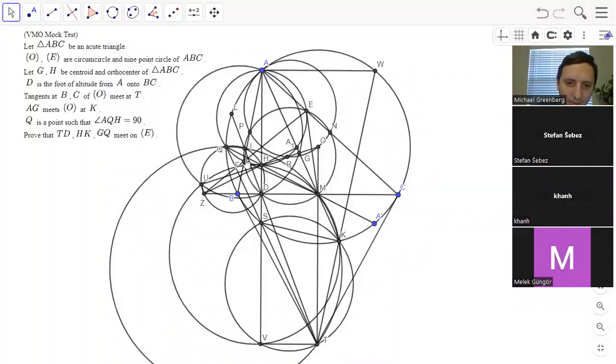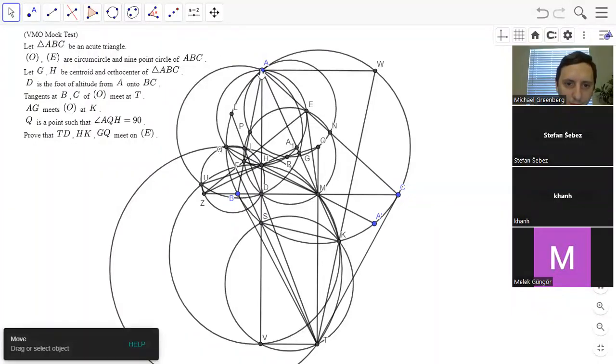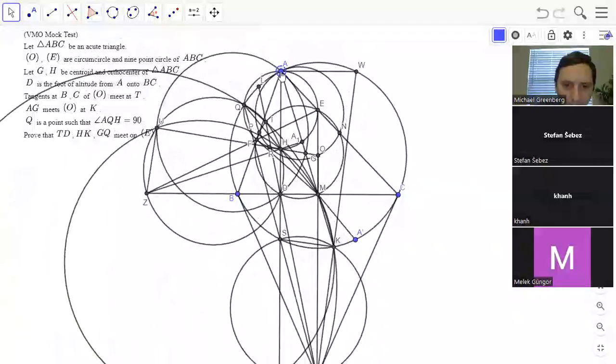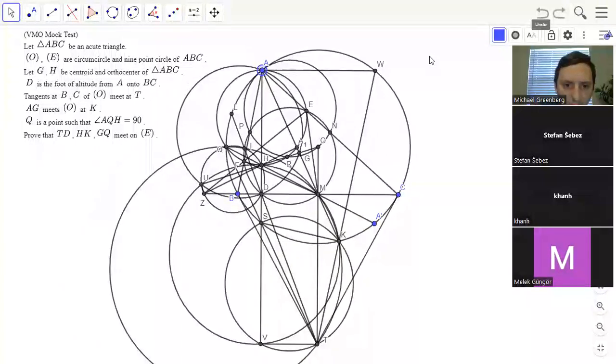I don't think these concur, or maybe they do. Yeah, let's see. Oh, it looks like these do concur right here. So EF, TL, and HM concur.